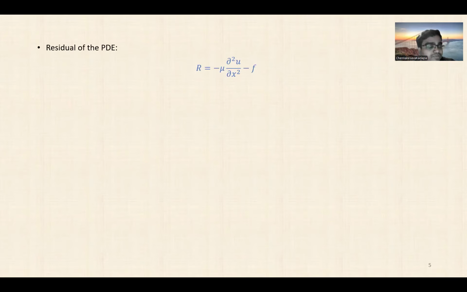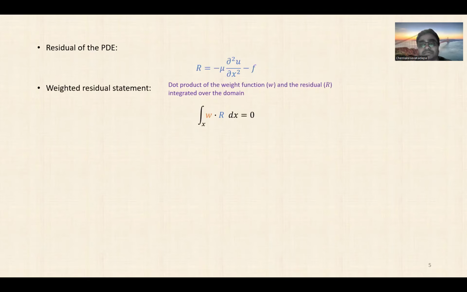Then we use the weighted residual statement, that is, the integral of the dot product of the weight function w and the residual R of the PDE over the whole domain should be equal to 0.